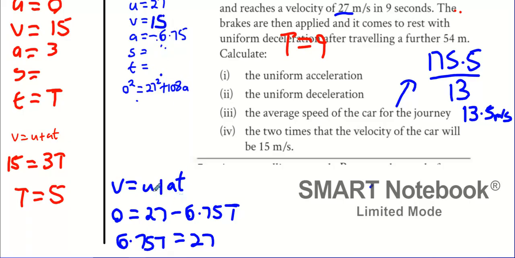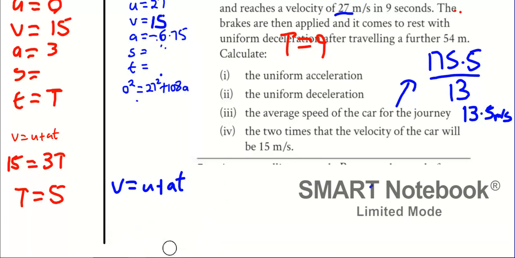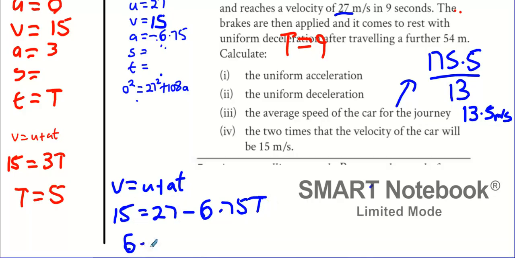Okay. We're going to use v equals u plus at again. So what do I write down this time? 15 equals 27 minus 6.75t. 6.75t equals 12. 12 divided by 6.75.